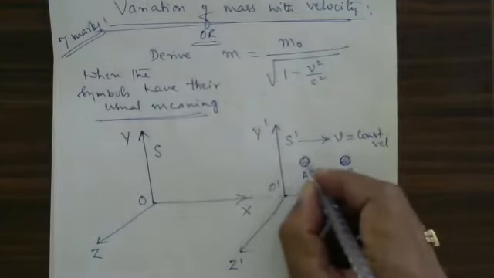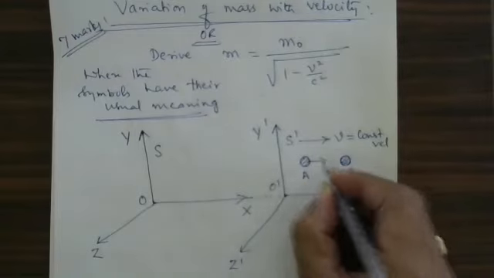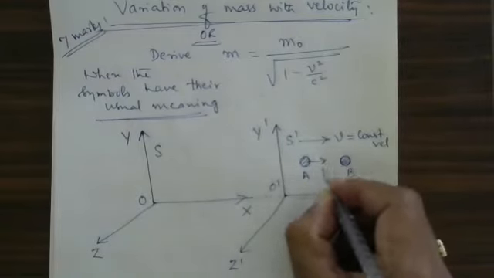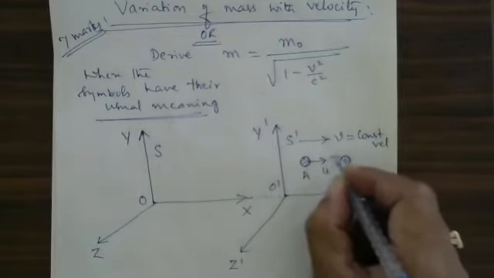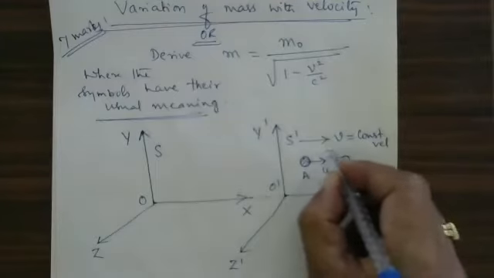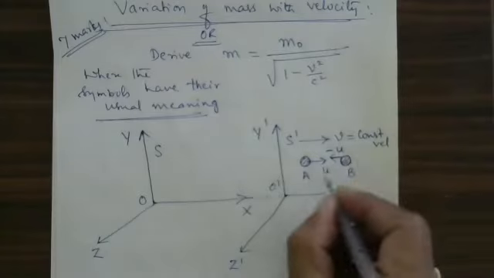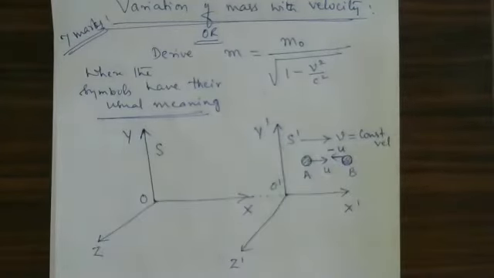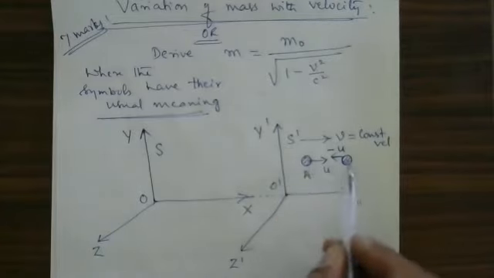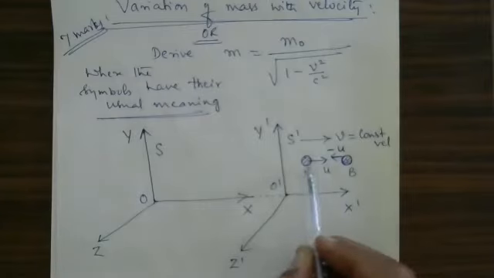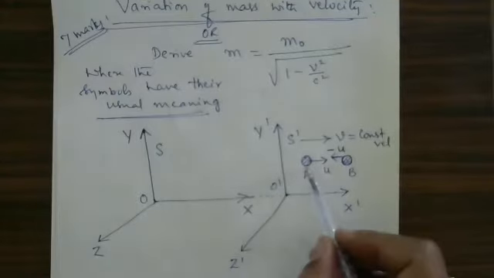A is moving along the positive x direction with a velocity u. B is moving along the negative x-axis with a velocity minus u, in the frame S dash. These are two similar elastic balls.